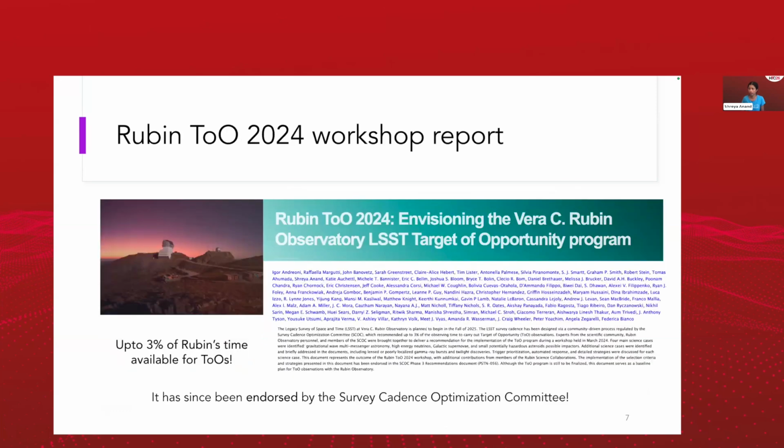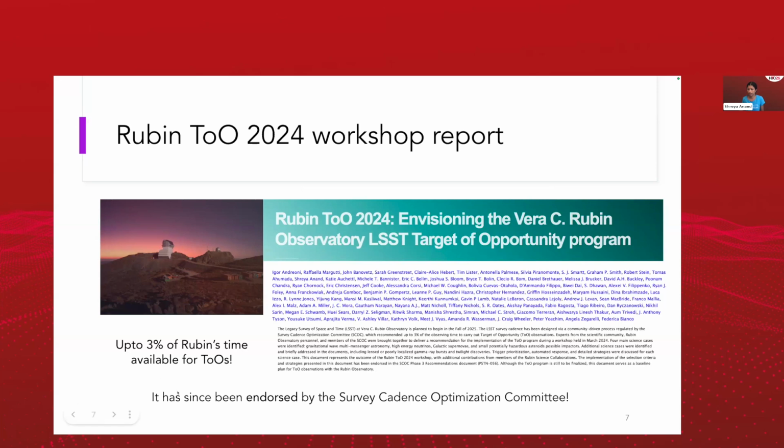Now I'm going to shift gears a little bit and talk a little bit about Rubin and how we have been conducting these follow-ups with Rubin. So just to give a little bit of context, in 2024, the MMA community, or a large portion of the MMA community, came together to draft recommendations for Rubin target of opportunity follow-up.